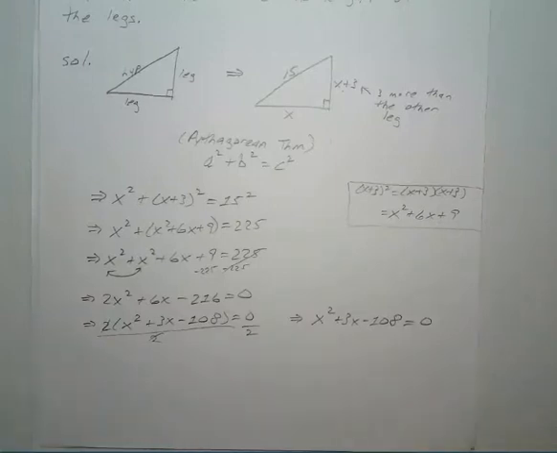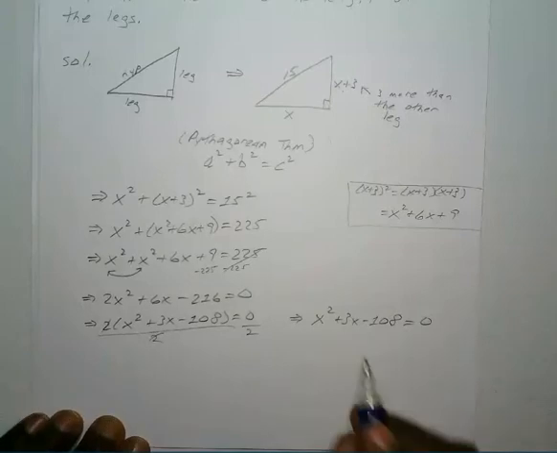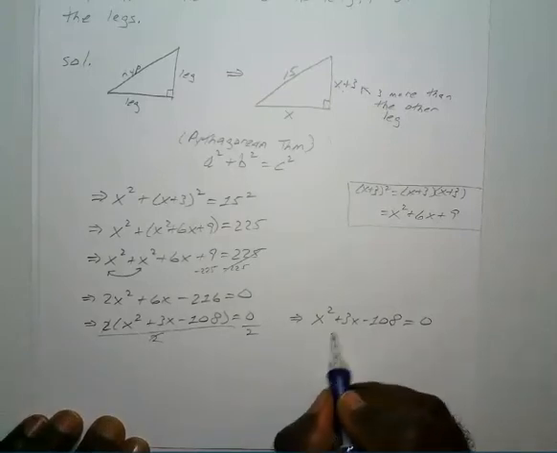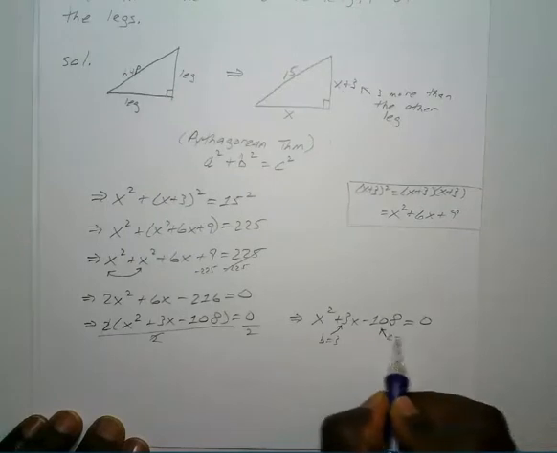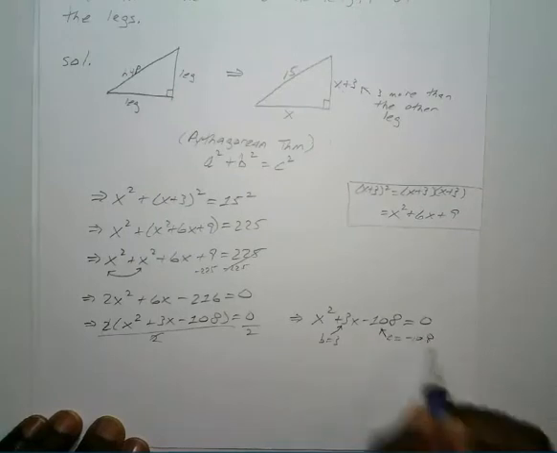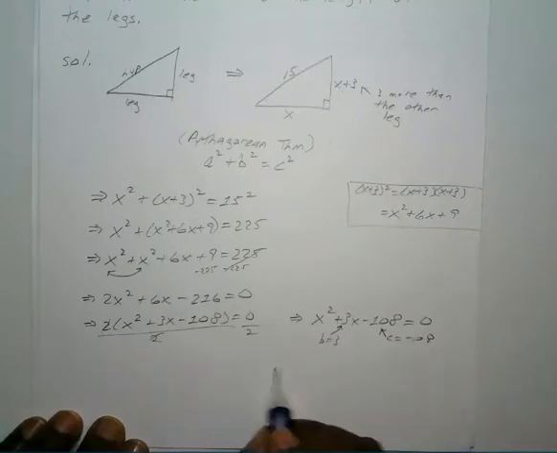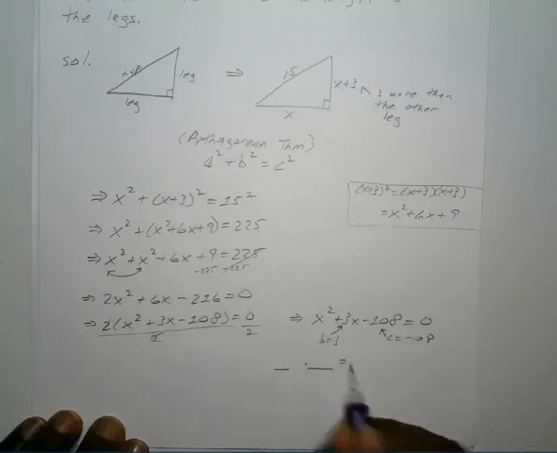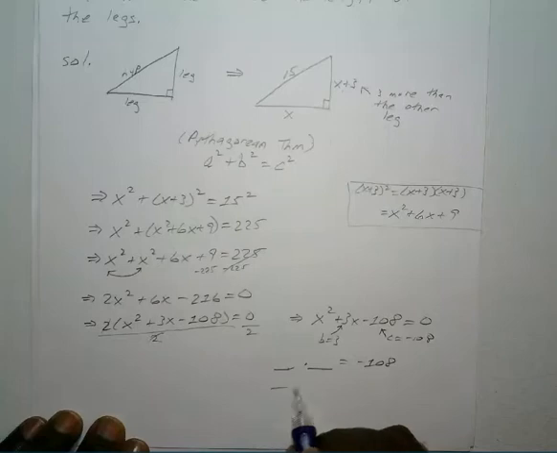Alright, so that means instead of the A times C method, we can use the direct method because B is equal to 3 and C is equal to negative 108. So we just have to find two numbers that multiply to equal your C, and those same two numbers add to equal your B.